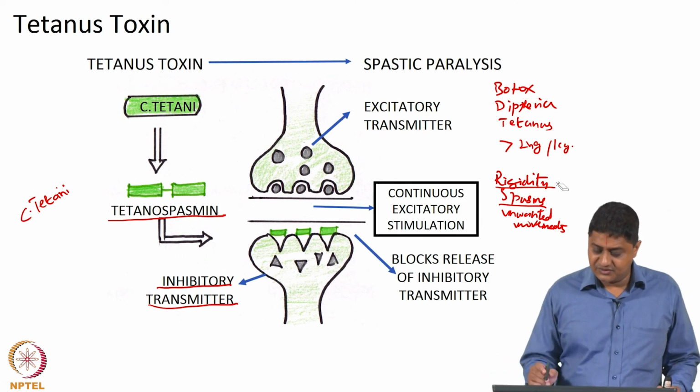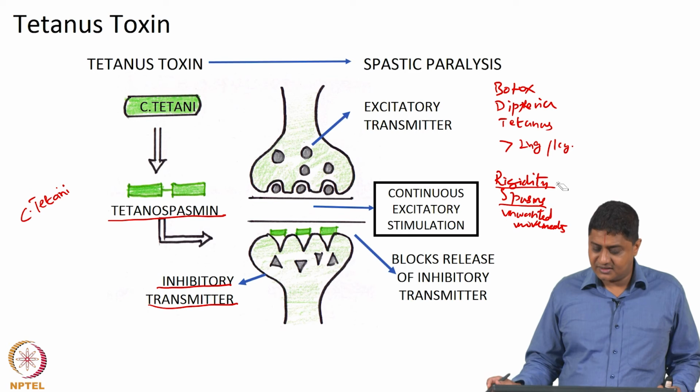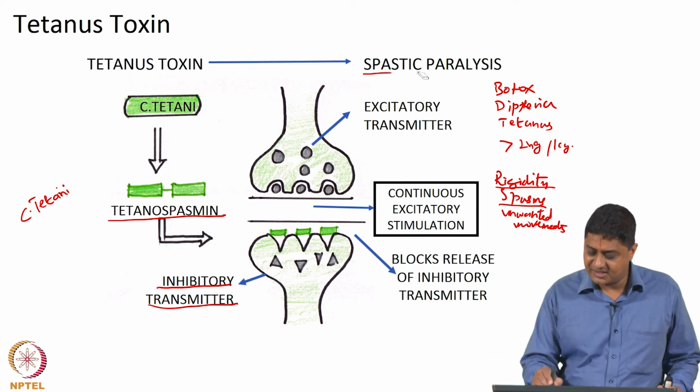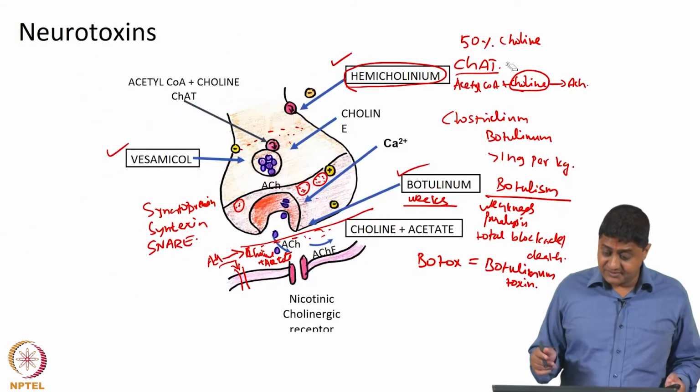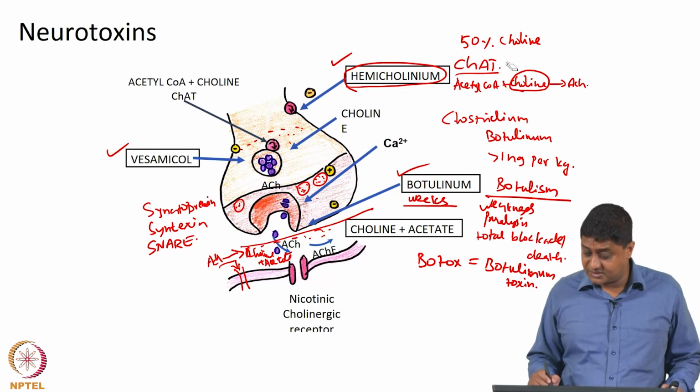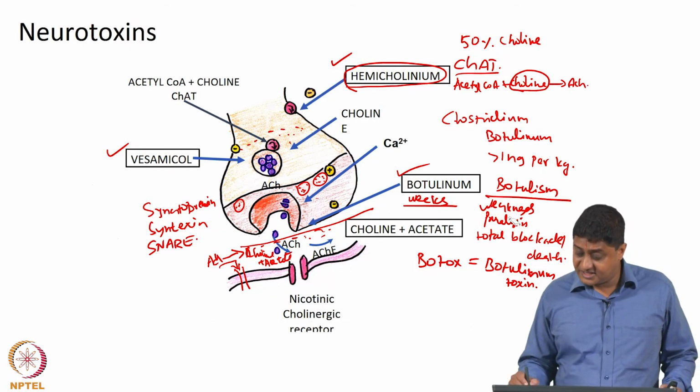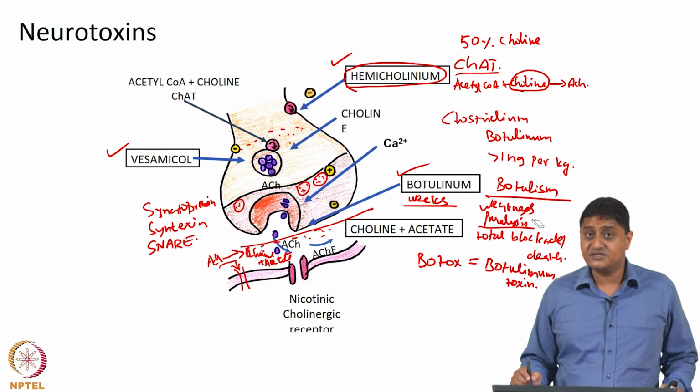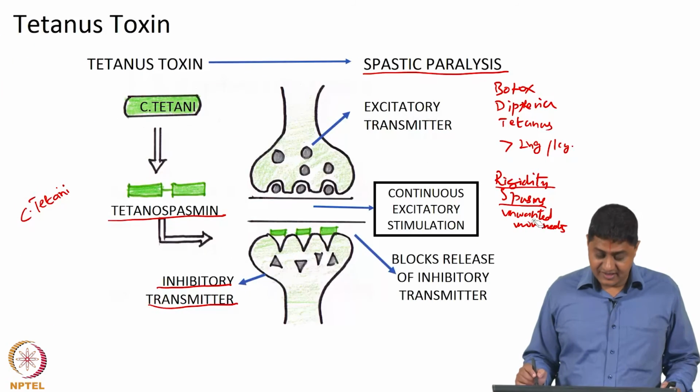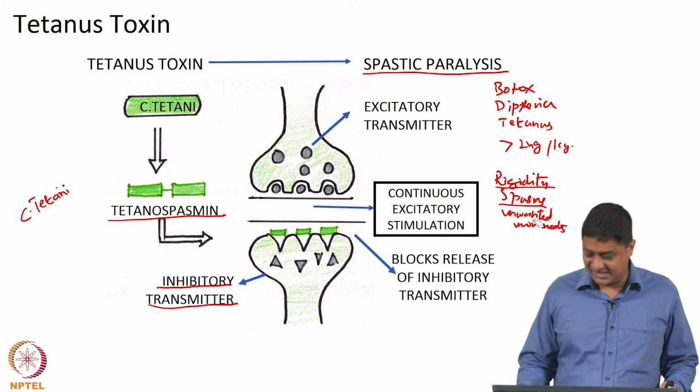So, this leads to a spasm or spastic paralysis. Let us remember what happens in the case of Botox, right. It causes flaccid paralysis, whereas tetanus toxin, or tetanospasmin, actually causes spastic paralysis.